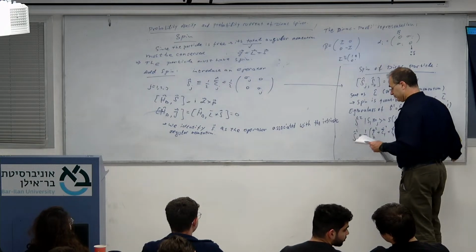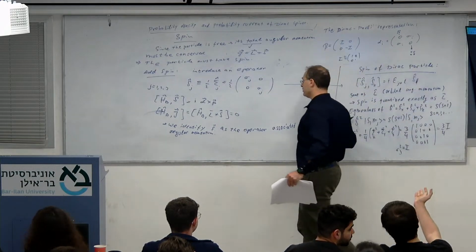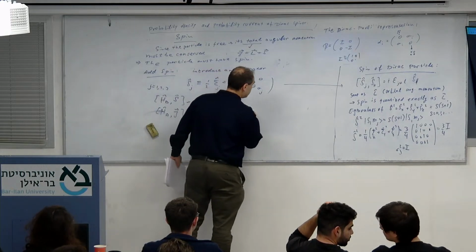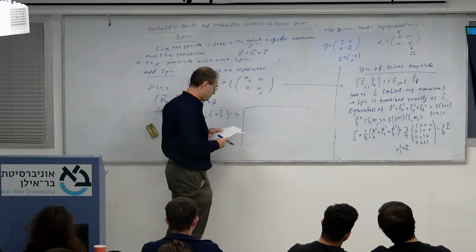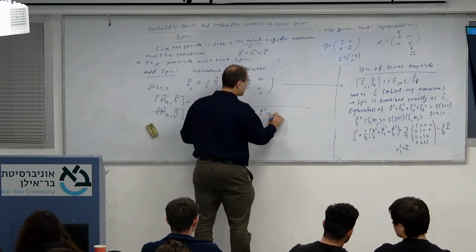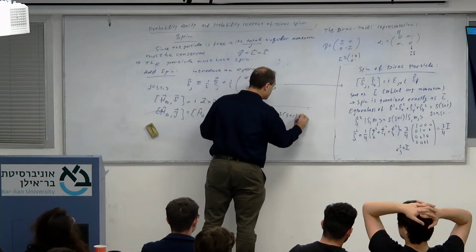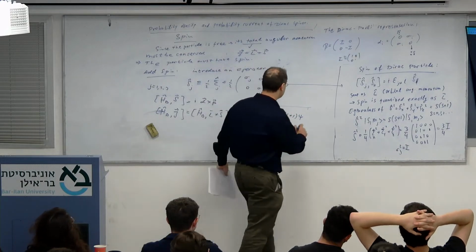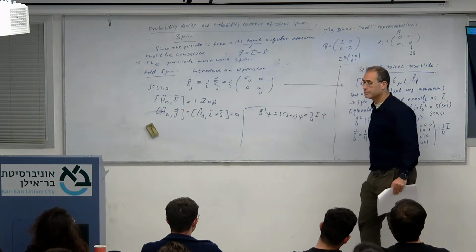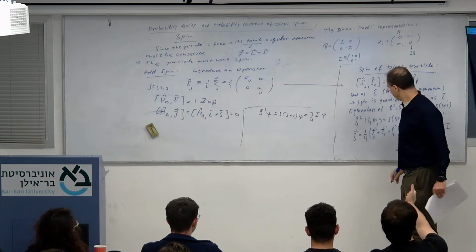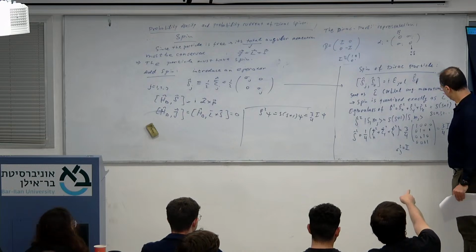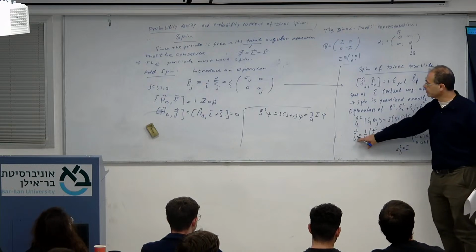So we have that S squared psi is equal to s(s+1) psi, which is equal to 3/4 I psi. So how is a scalar equal to a matrix? S here is an operator.